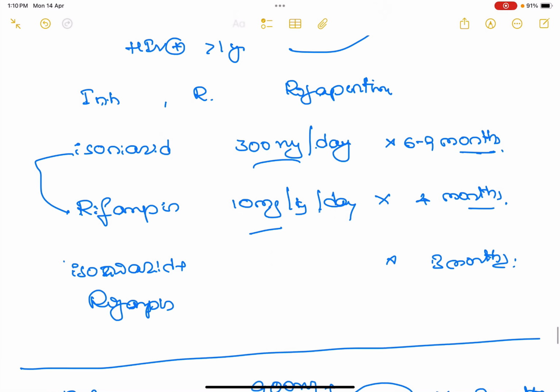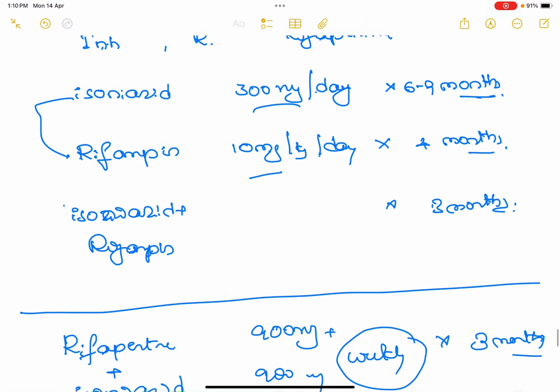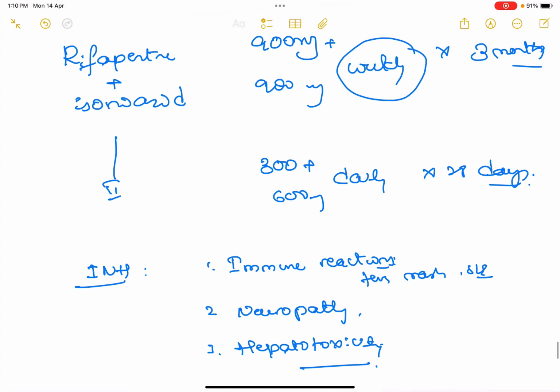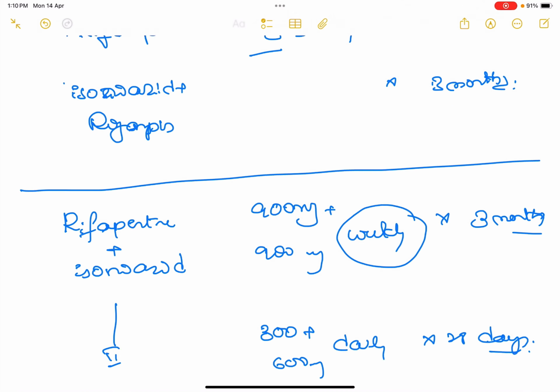We can use isoniazid, rifampin, or rifapentine, or combination of these drugs. Okay, the doses have to be remembered. Shortest regimen is 28 days. All the regimens are daily regimens, except for rifapentine plus isoniazid 900 mg weekly regimen. So that is given for only 3 months. So this is about TB preventive therapy.